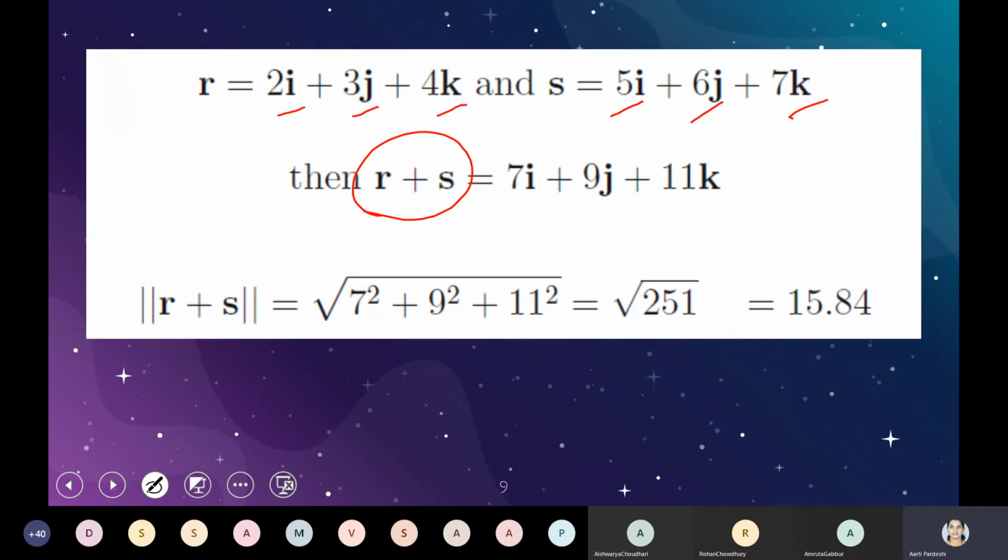So here the i magnitudes are 2 and 5, so it is 7. Then next is 3 and 6, 3 plus 6 is 9. Next is 4 and 7, 4 plus 7 is 11. So you got the resultant addition of the two Cartesian vectors as 7i plus 9j plus 11k. This is your resultant vector.